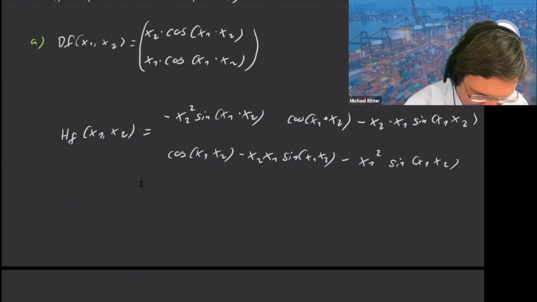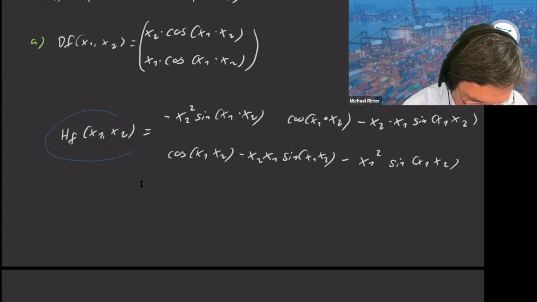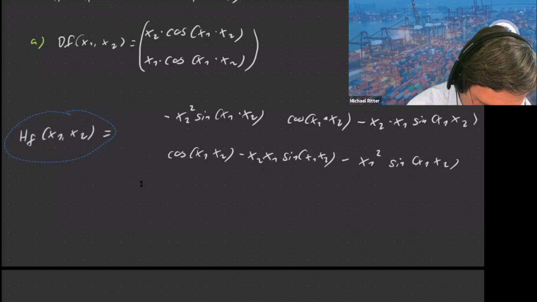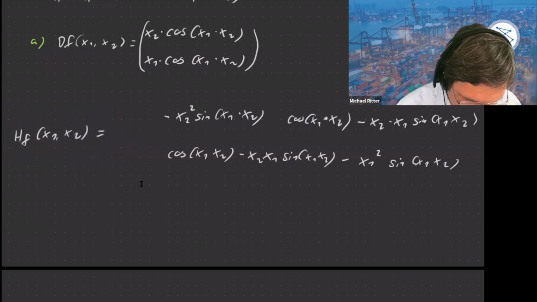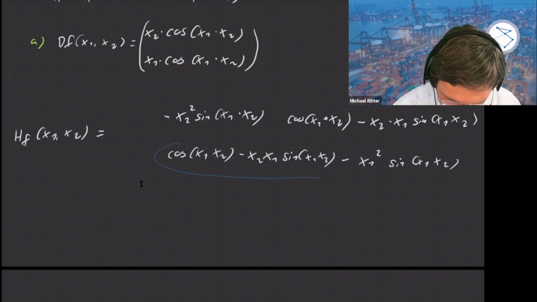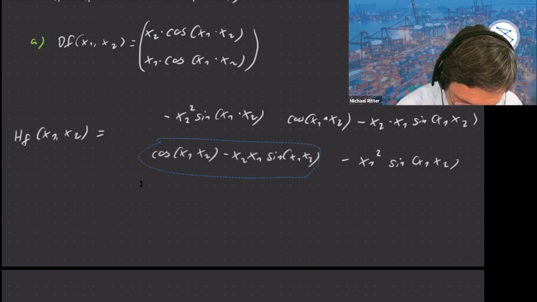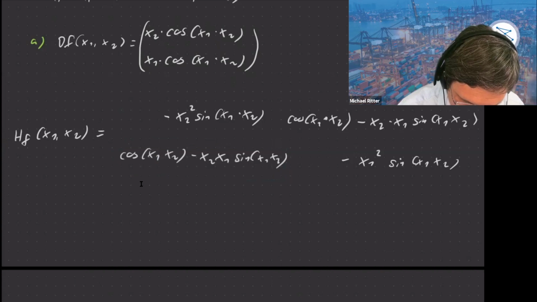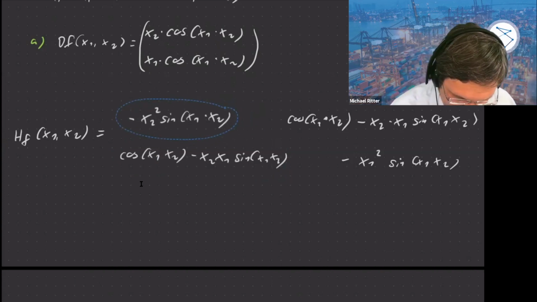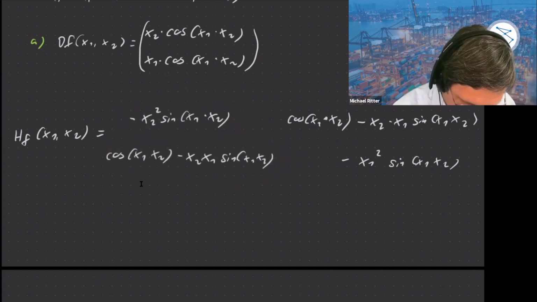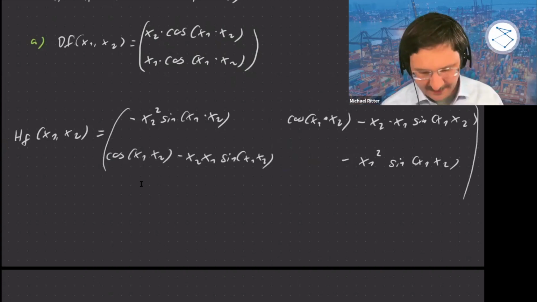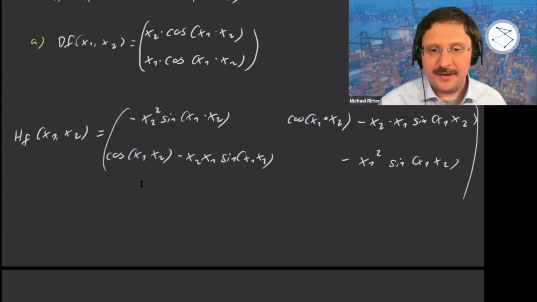And let me see if I can rewrite that a little so that this is a little bit more clear. So that's the first entry here. Yeah, it's better. Okay, so that's the Hessian that we get.